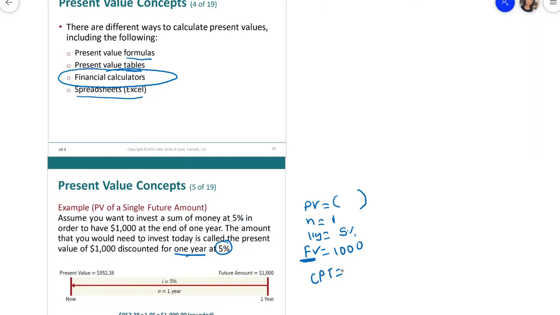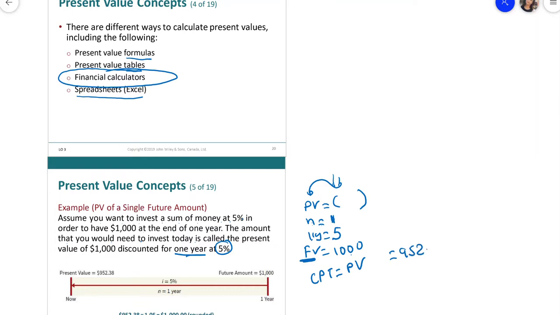Then you put that in your calculator the way I showed it. You put N equal to 1, then 5 IY, 1000 FV, and you're going to compute your present value. When you're putting in the interest rate, you put it as a number. So put the number first in your calculator and then put what corresponds with that number. 1000 will be FV, 5 will be IY, 1 will be N, and you compute your present value.